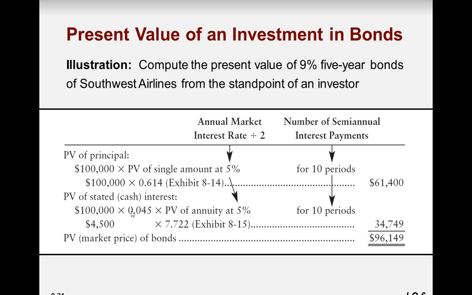If it's going to pay cash interest of 4.5%, because it told you that its face value was 9% interest, it's 4,500 times the annuity factor. Notice that we use the actual market rate to get the factor.